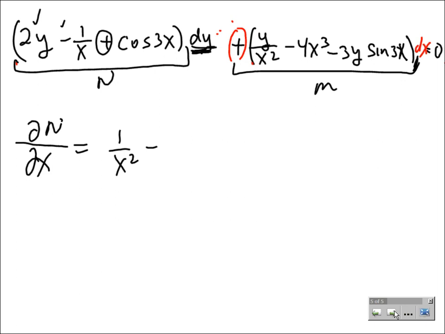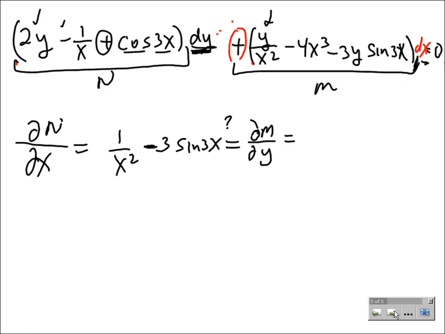Plus the derivative of cosine of any angle is negative the sine of the same angle times the derivative of the angle. Okay, wonderful. Now, does this equal the partial of M with respect to not x, but y?